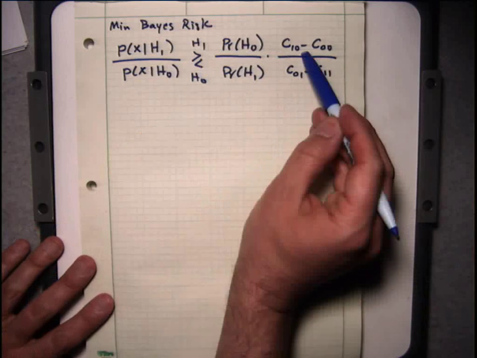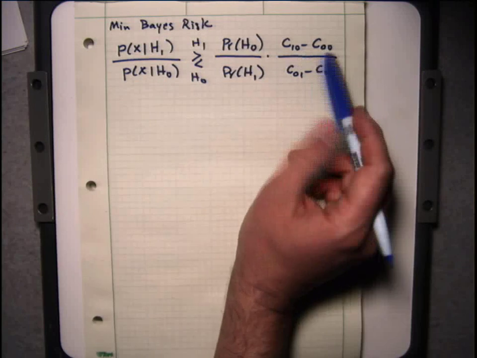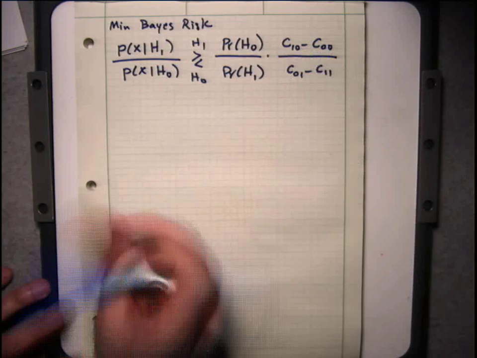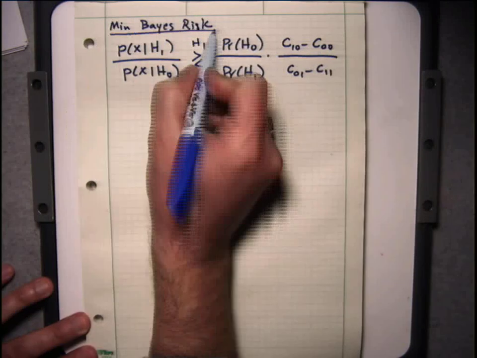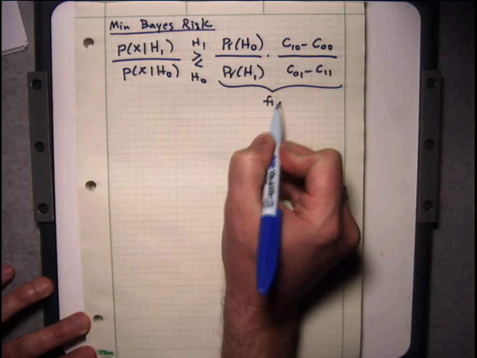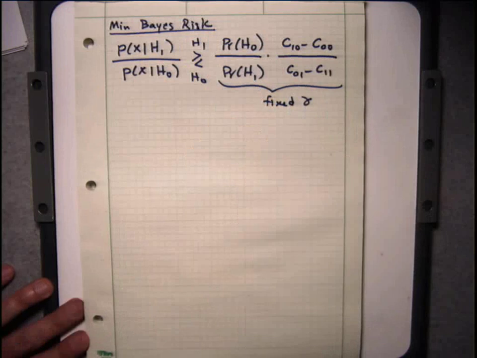Okay, so C10 was the cost of choosing 1 when 0 is true, and so on. Okay, so this is the general minimum Bayes risk formulation. So this here fixes your gamma at some particular number.